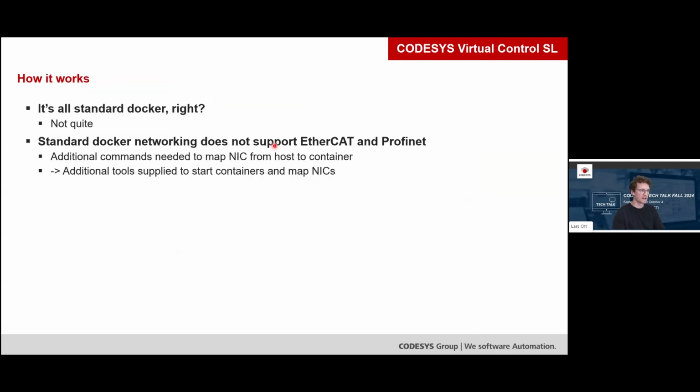So all of that is full standard Docker, right? Well, not fully. Like I said, Docker doesn't do the raw Ethernet for EtherCAT and Profinet. So that last step I mentioned, where we take a host NIC and assign it to the container, requires some additional commands to be run. And our VPLC comes with tools that make running these commands easy, or they actually run them for you.